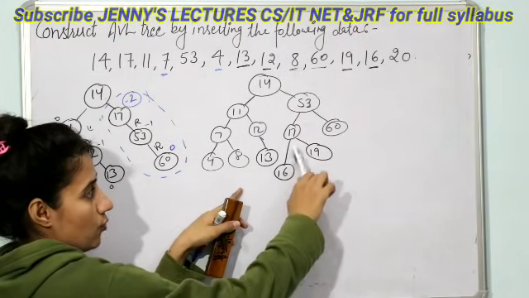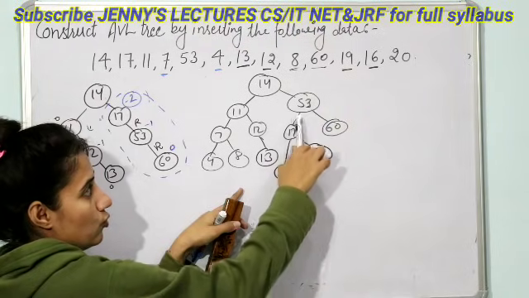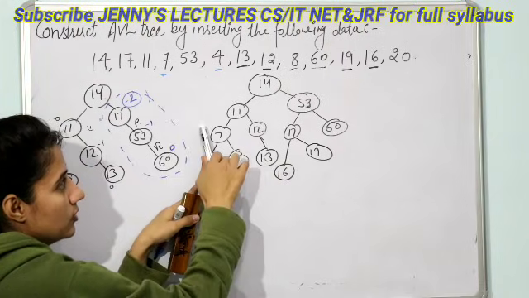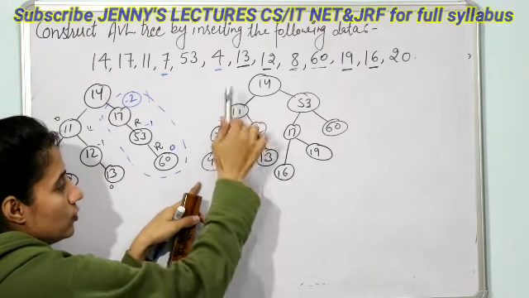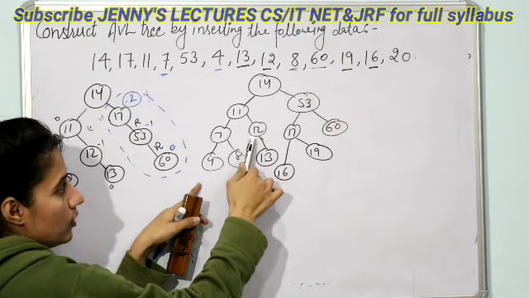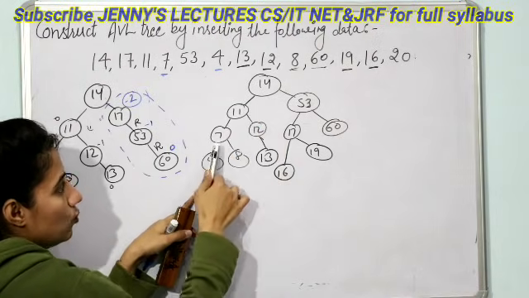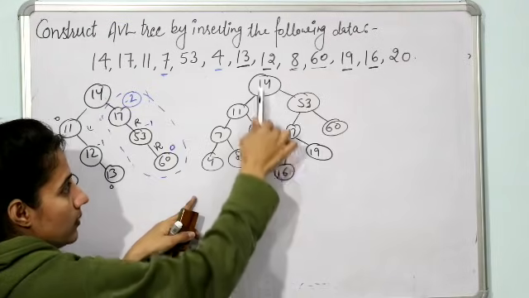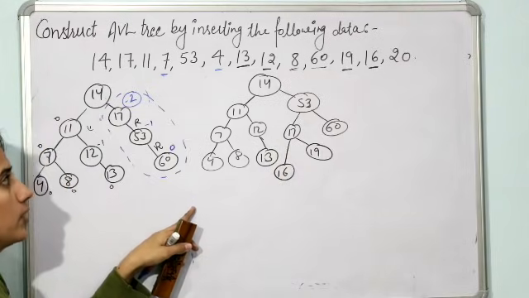Balance factors: 0, 0, 1, minus 1, 0, 1, 2, 2 minus 1, 1, balanced, 0, 0, 0, 0, 2 minus 2, 0, here we have 0, here we have 0, minus 1, 1, here we have 1, 2, 3, 3 minus 3 is 0. Okay.